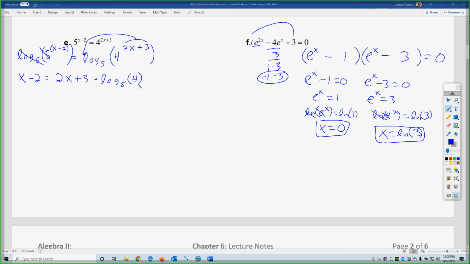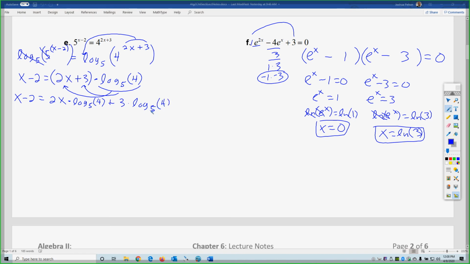But this is wrong because it's the entire 2x plus 3 being multiplied by that log. So I distribute that log into the parentheses now because I need to get x on one side of the equation. So that's 2x times log base 5 of 4 plus 3 times log base 5 of 4.